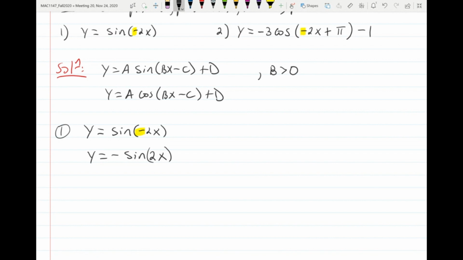Okay? So notice that this is already in standard form because you can think of this as being 2x minus 0 plus 0. All right? It's just that, of course, we don't write that down. So then for this, we can immediately say what are a, b, c, and d. So let's see, what's the value of a in this case?